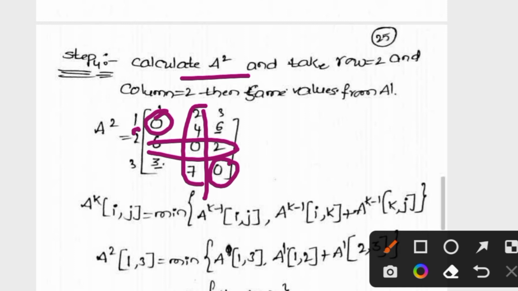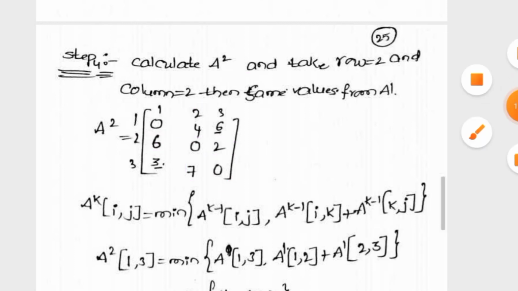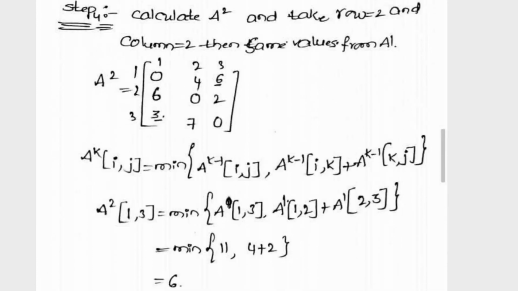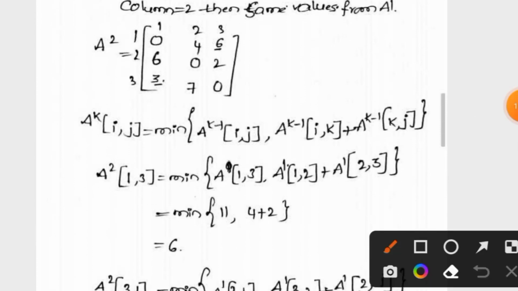Now we have to calculate the positions 1 comma 3 and 3 comma 1. For them we have to calculate the value using the formula, and here the position is A power 2, 1 comma 3. So min of A power k minus 1, now k value is 2, so 2 minus 1 means 1, A power 1, 1 comma 3, comma A power 1, 1 comma 2 plus A power 1, 2 comma 3.